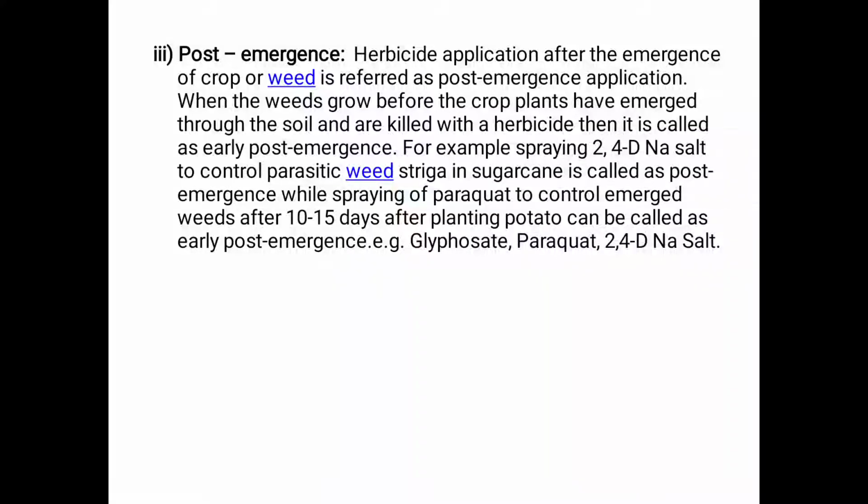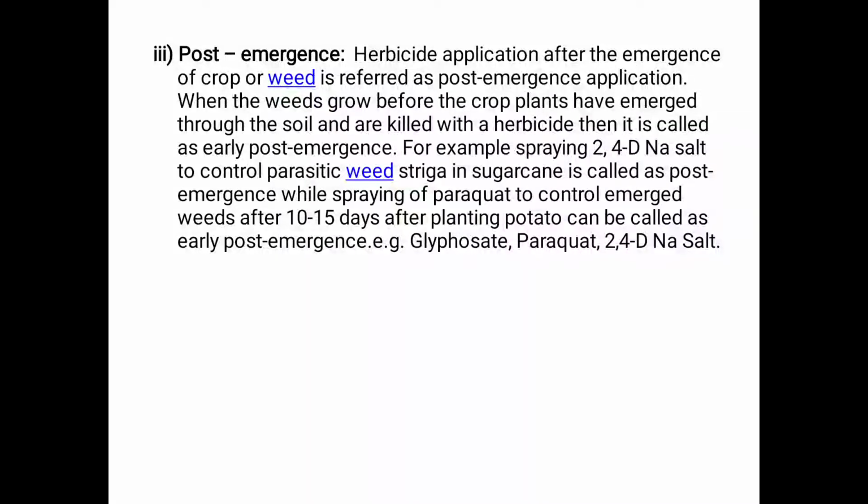Then post-emergence herbicides. Herbicide application after the emergence of the crop or weed is referred to as post-emergence application. When herbicide is applied to kill young weeds standing amongst the crop plants, it is called post-emergence treatment.